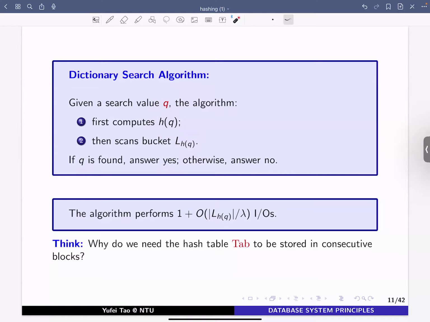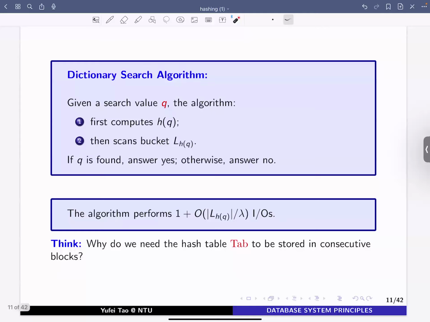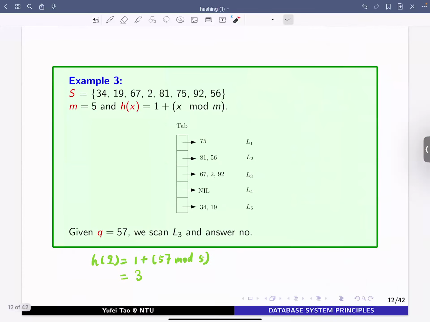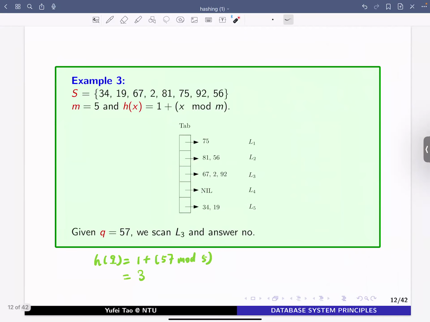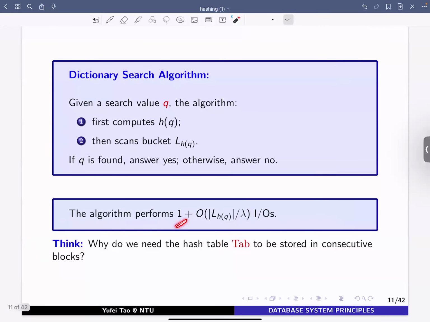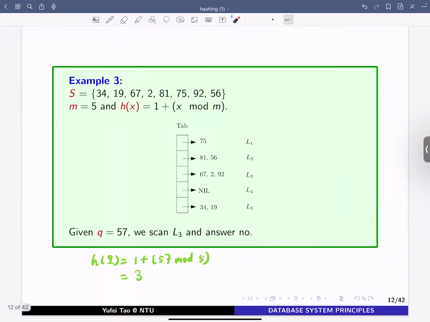Now, let's talk about the I/O cost. Well, there are 2 parts here. First of all, you will need to definitely pay an I/O to read the address of the file that you want to scan. So that explains this 1 here. And then you also have to scan the file. And the number of I/Os that you need in order to scan this file depends on how many elements there are, how long this file is, right?